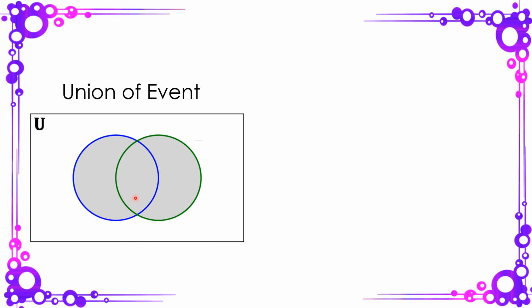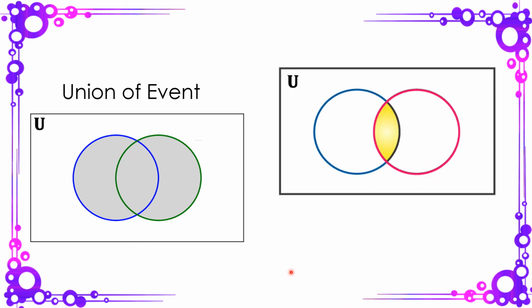So union of events is all outcomes of both events, while for the intersection of events, you see here that in the Venn diagram, we only shade the region of the overlapping part, or the middle part here of the circles.